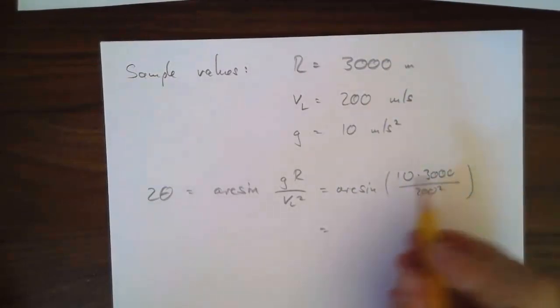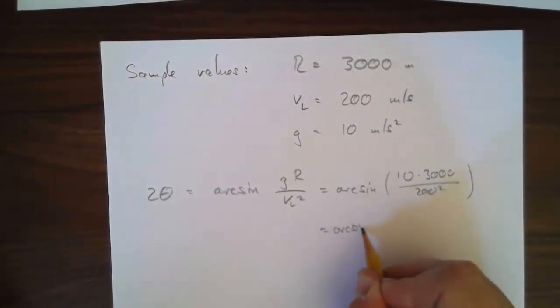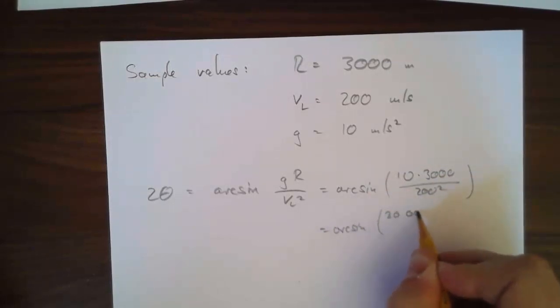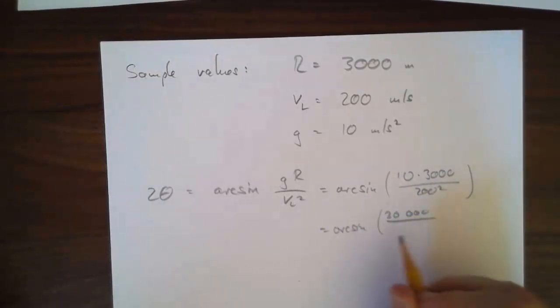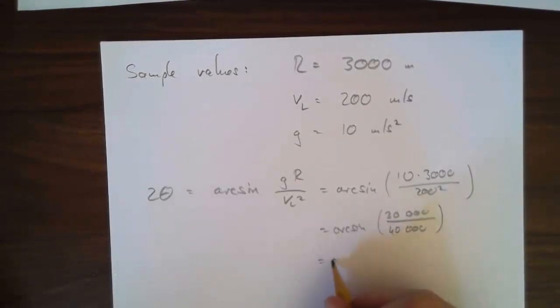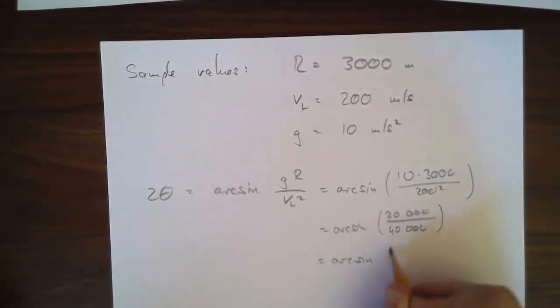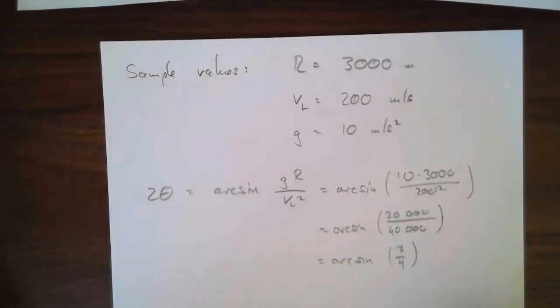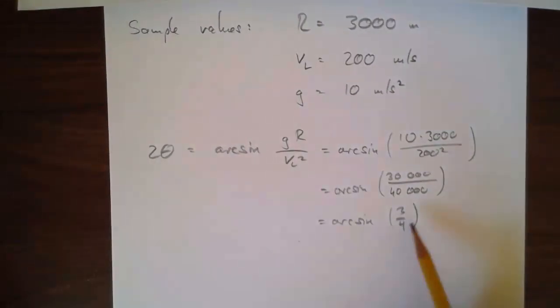You can check that it's 30,000 over 40,000, 200 squared. So that's the arc sine of 3/4.